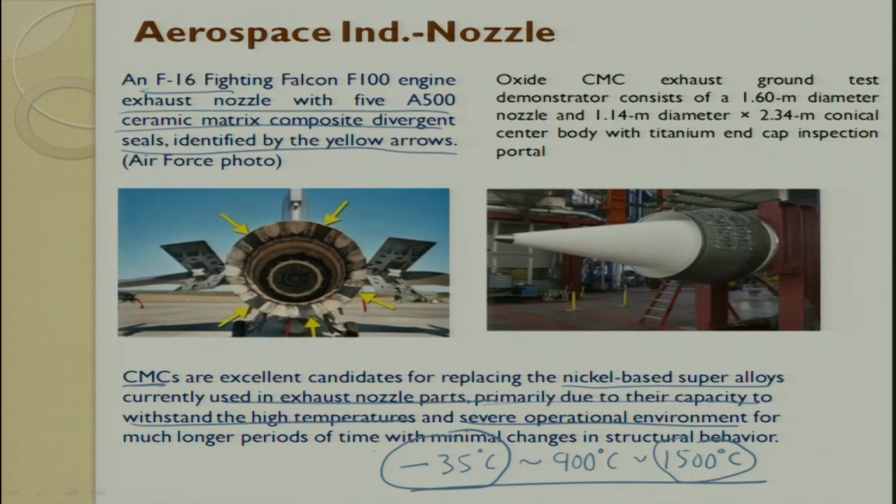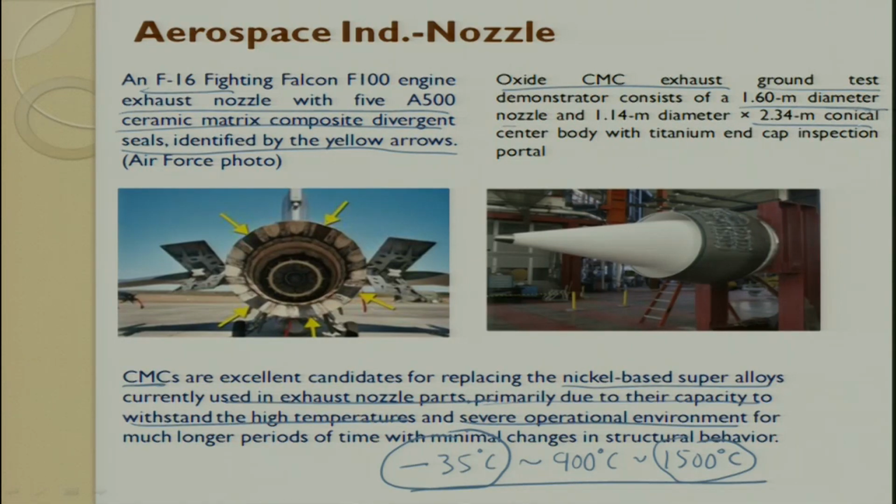So, there has to be minimum structural changes, minimum distortion, and it has to retain its shape. An oxide ceramic matrix composite exhaust ground demonstrator is around 1.6 meter diameter.